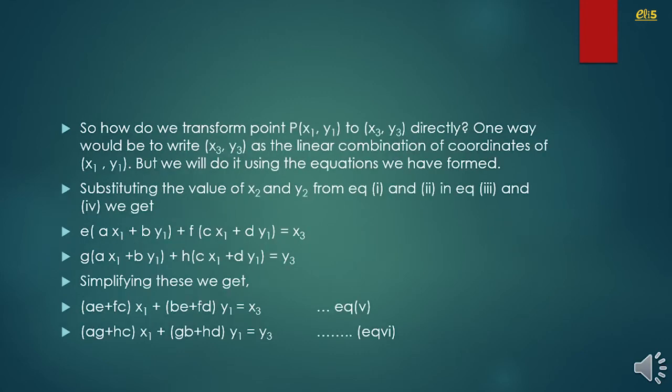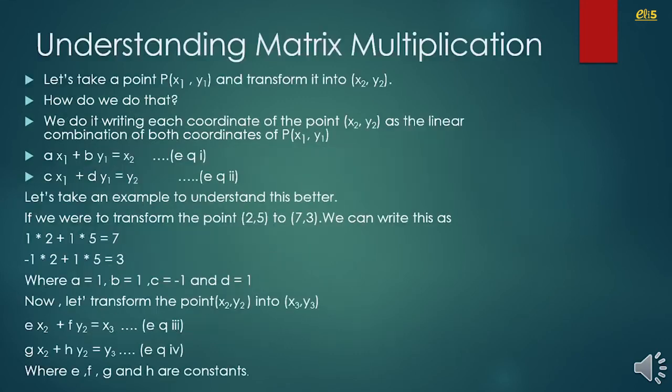So how do we write that? And that's a simpler way to write it. So let's take equation 1 and 2. We write constant coefficients as one matrix, and we write the variables as another matrix, and our product is another matrix.